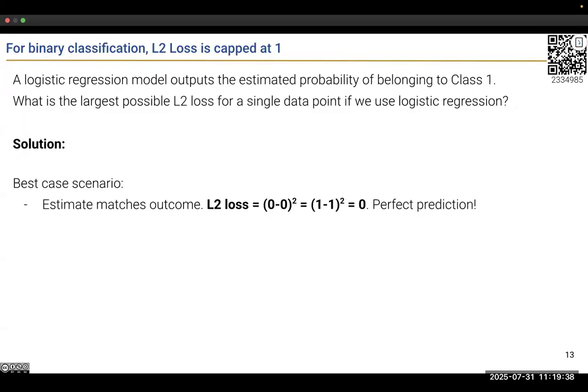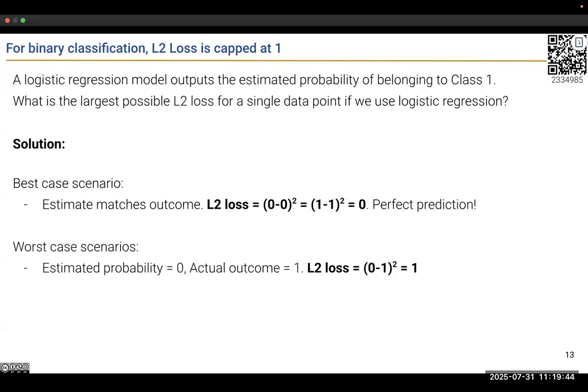All right, what about the worst case scenario? What is the biggest possible error we can make? Well, it could be that the actual response is 1, but the estimated probability is 0. So that's the worst thing that could happen. You estimate the complete opposite of the truth.